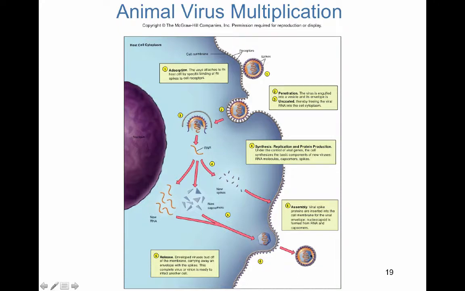As this buds off, it's going to take some of the cell membrane with it. So enveloped viruses bud off, carrying away an envelope with the spikes. Now this complete virus, or virion, is ready to go and infect another one of your respiratory epithelial cells. So that is, in a nutshell, animal virus replication.